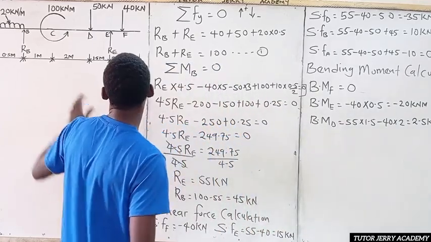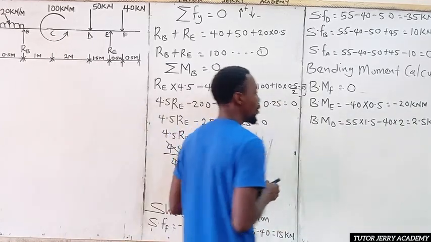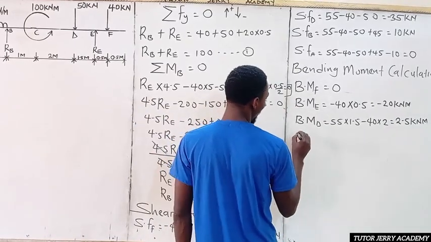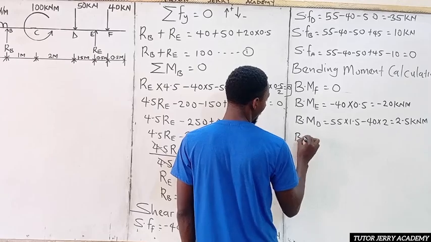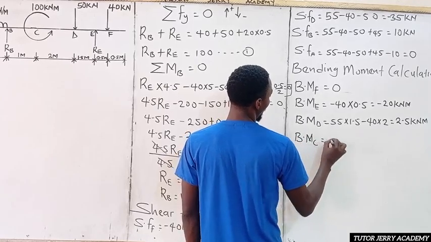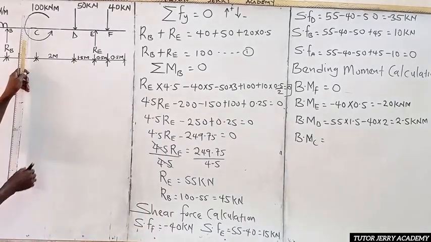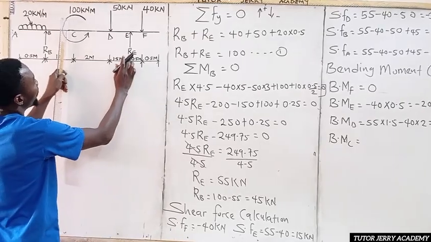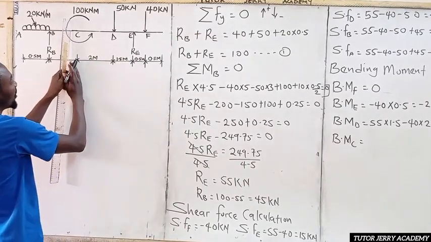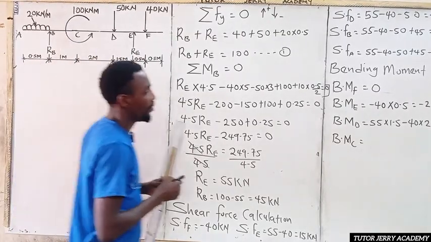All right. So now we move to point C. When you get to point C, you have to be very, very careful, because we have two moments there. The bending moment at point C will be equal to, first, if you start at point C, 55 multiplied by the total distance, that is 3.5.